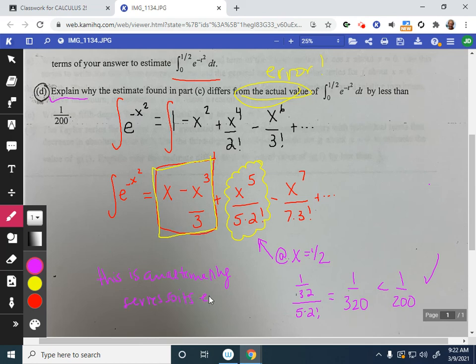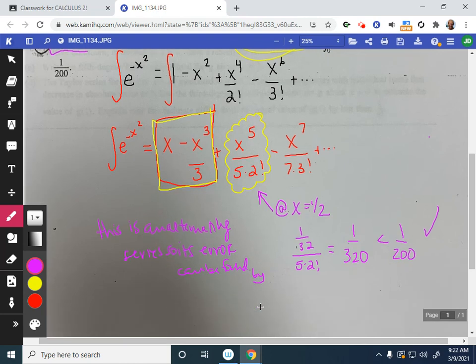So its error can be found by finding the value of the next term, not the last, of the next term. Okay, we'll try another one.